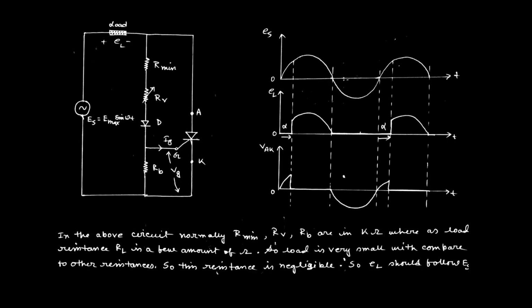Now the question arises: what will be the value of VG or VG max? VG is defined as the voltage across gate to cathode. When the supply voltage reaches the maximum value, it is defined by VG max, as the voltage across gate to cathode is maximum. So what will be the value of VG max?